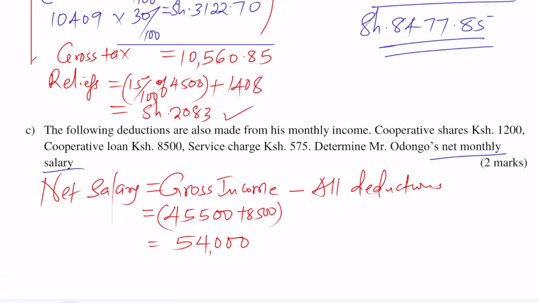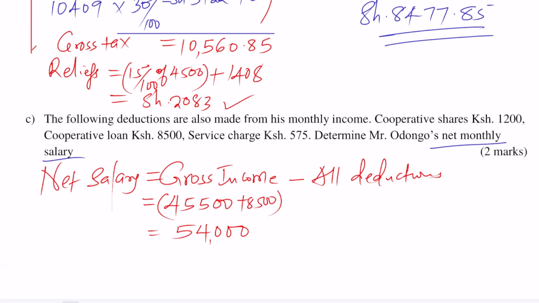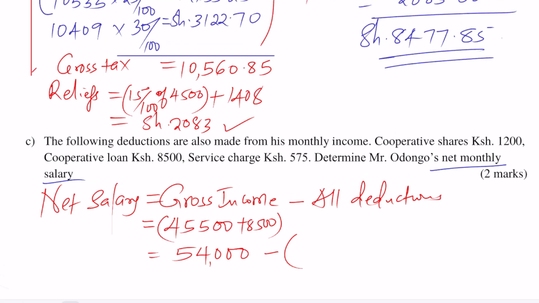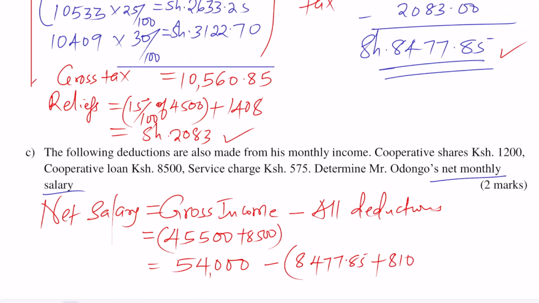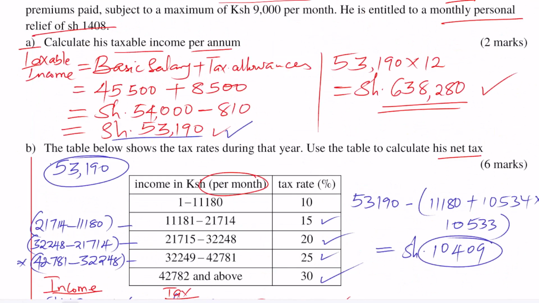So for all the deductions now, we add all the deductions. The first one is the tax. Always remember that we have the net tax, which we obtained from the previous part, 84.77 and 85 cents. And then we have 810. Now where did I get 810? 810 is here.